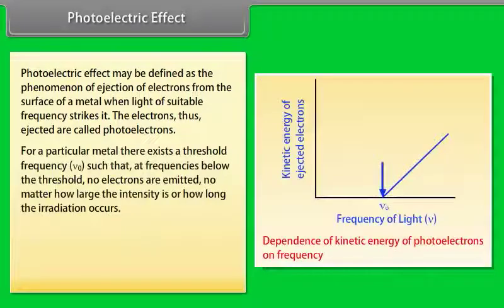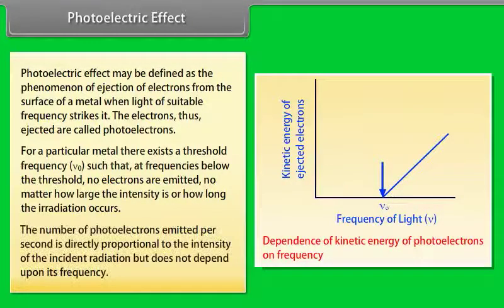For a particular metal, there exists a threshold frequency nu naught, such that at frequencies below the threshold, no electrons are emitted, no matter how large the intensity is or how long the radiation occurs. The number of photoelectrons emitted per second is directly proportional to the intensity of the incident radiation but does not depend upon its frequency.